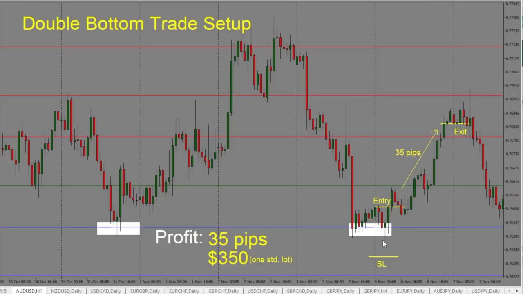Stop goes below the lows here, making sure we give the trade some room to breathe, and then we stay with the trade till we get some sort of a reversal signal in the opposite direction. So here we have a bearish engulfing candle, and we also have these more bearish candles, so you can exit the trade somewhere in here. From entry to exit here, we get 35 pips in the trade. So our profit is 35 pips or $350 if trading one standard lot.